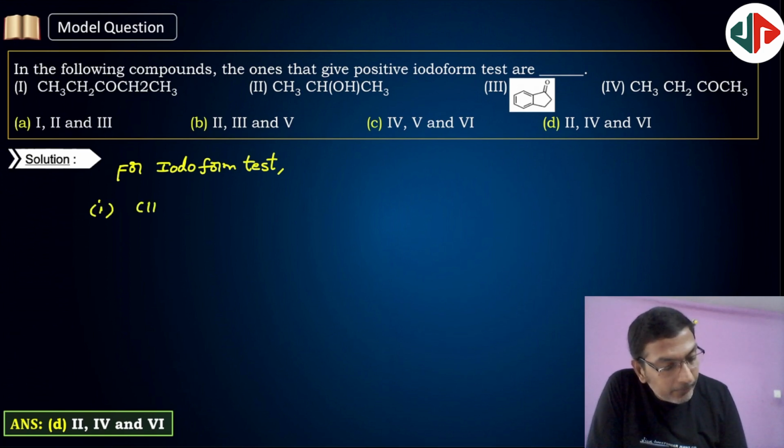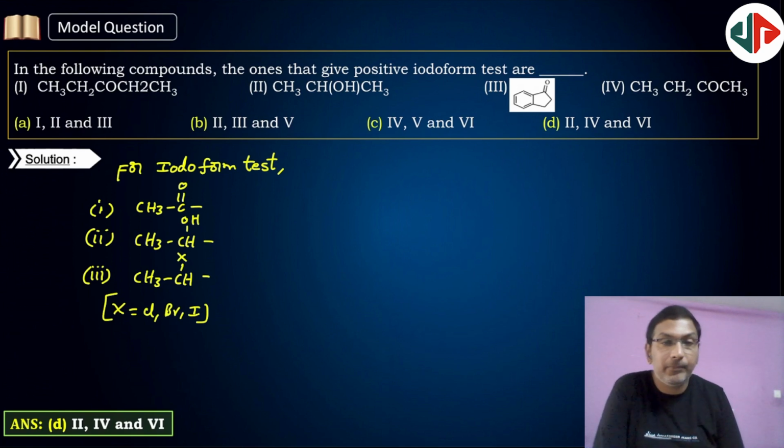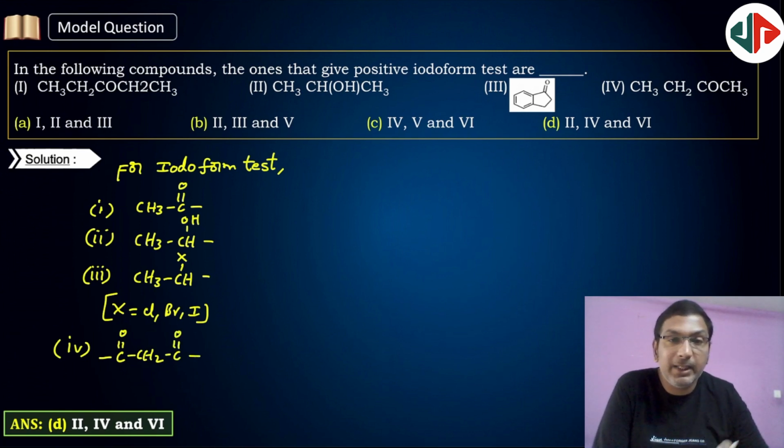First one, CH3CO, or CH3CHOH is required. Or third, CH3CHX is required. Here X may be Cl, Br, I. Or the fourth condition you can take, CO CH2 CO. These four conditions are required for the iodoform test.